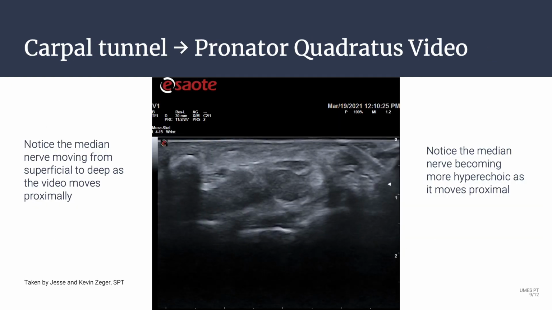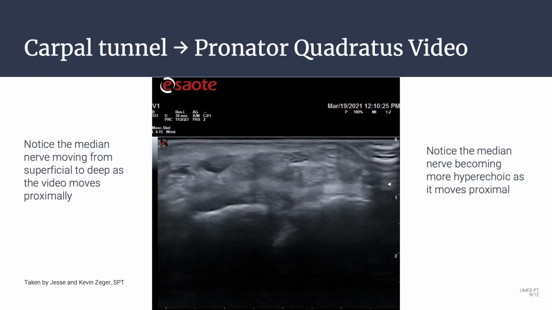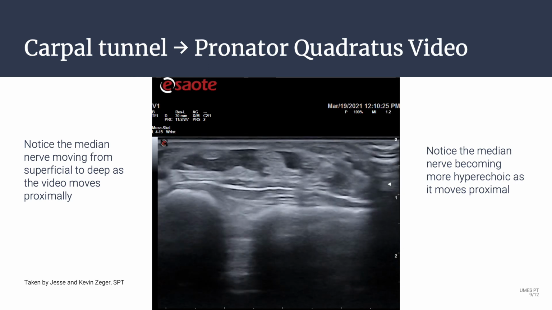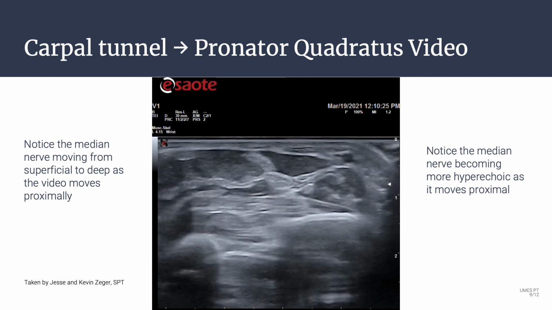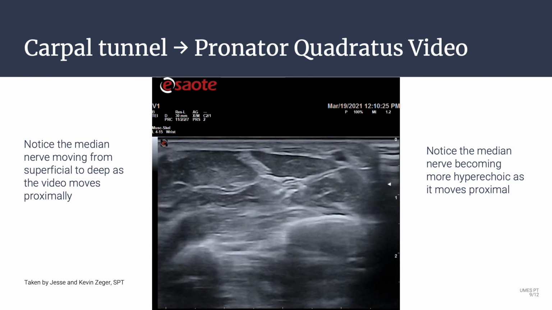I'm going to play this video for you of the ultrasound transducer moving from the carpal tunnel to the pronator quadratus. I want you to really focus on the median nerve in this video and notice that it moves from superficial to deep as the video moves proximally, and it becomes more hyperechoic as it moves proximally as well.